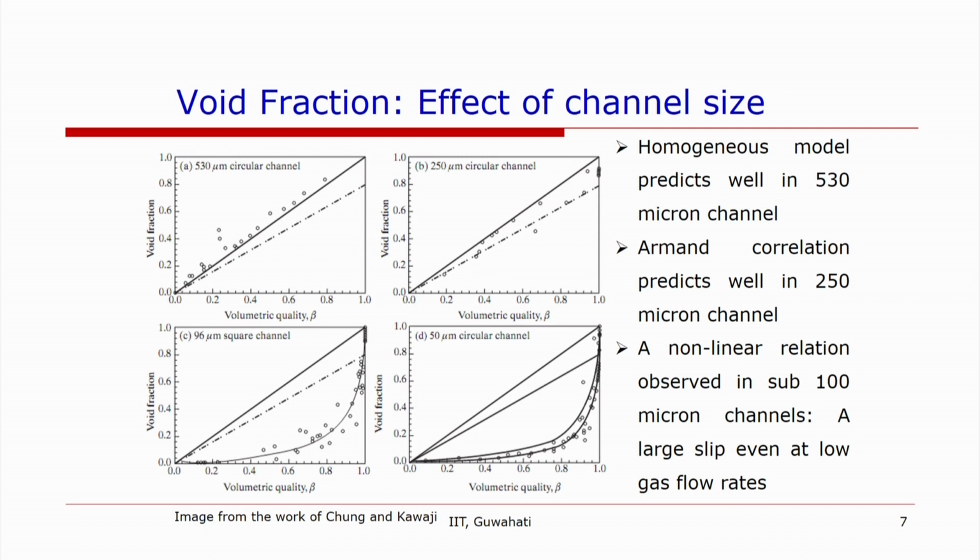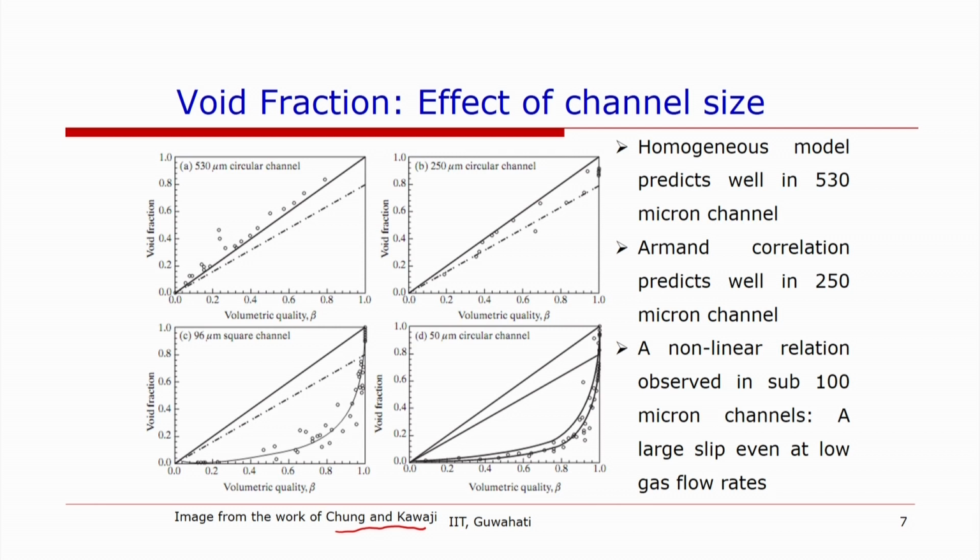Now, Chung and Kawaji and other co-workers have looked at the effect of channel diameter on the void fraction, and you see an interesting trend in these graphs. There are 4 channels that they have looked at, or that have been plotted. They have actually looked at more channels in other articles.